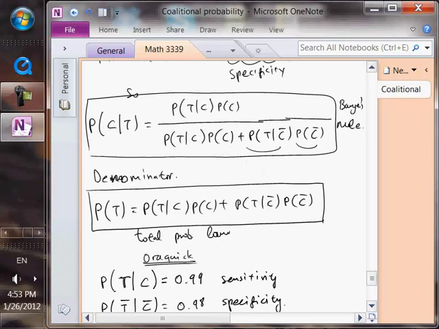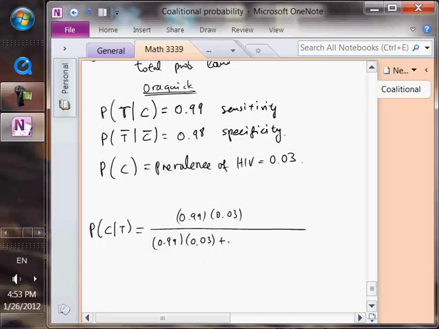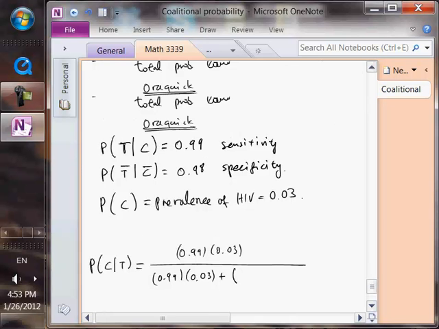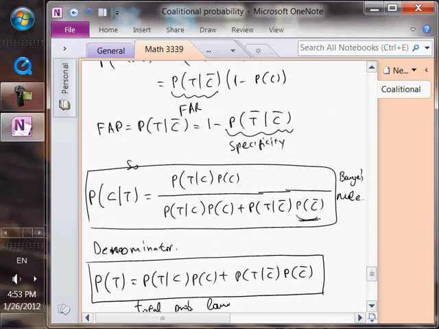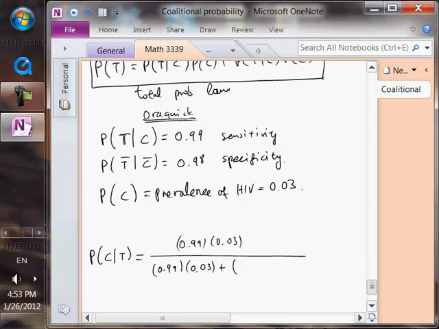What is the next term that we need to put? We need to put this one that I have here times the 1 minus the prevalence. So that term here, as we mentioned, is 1 minus the specificity. So this one will be 1 minus 0.98. And the other term is 1 minus 0.03.